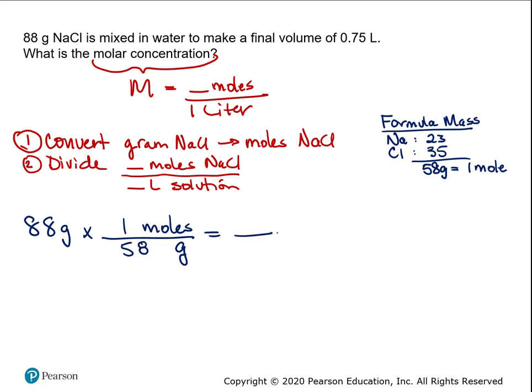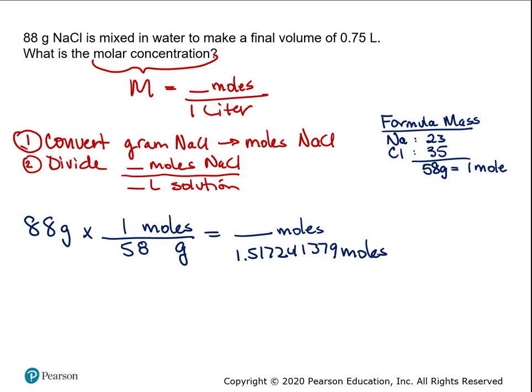This is going to tell you the number of moles of NaCl. And when I did this, you end up with a whole bunch of numbers, yes? So I got 1.51724137.9 moles.